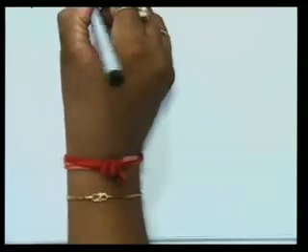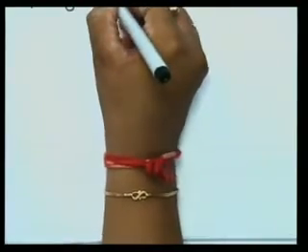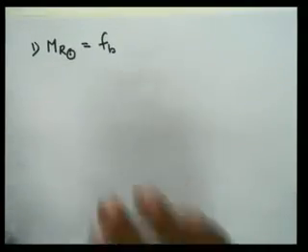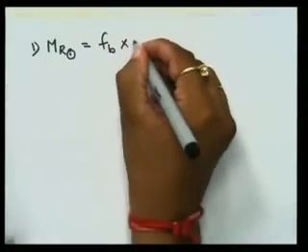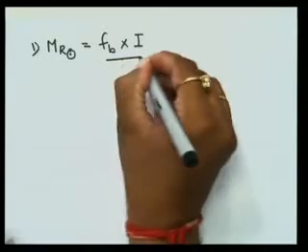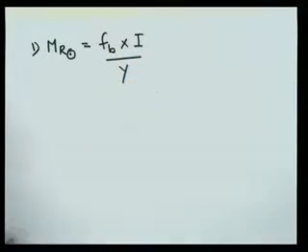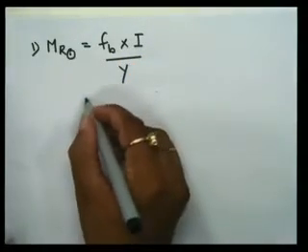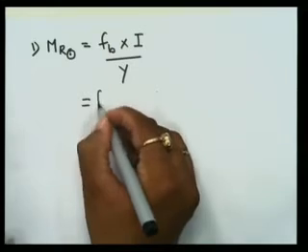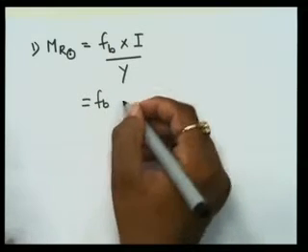That is equal to Fb into I upon y. As Fb will be constant, I'll keep it as Fb. What will be the value of I?